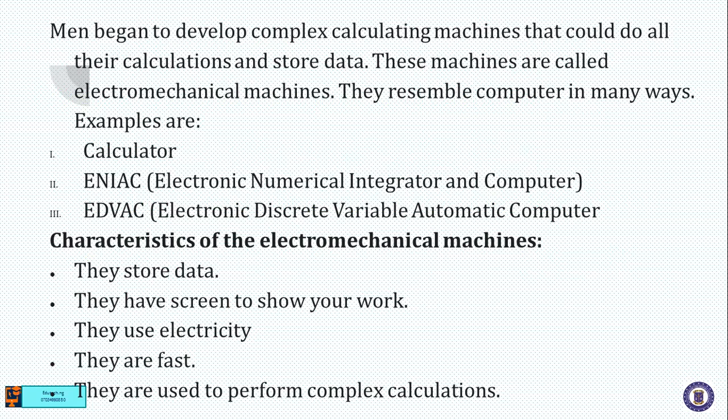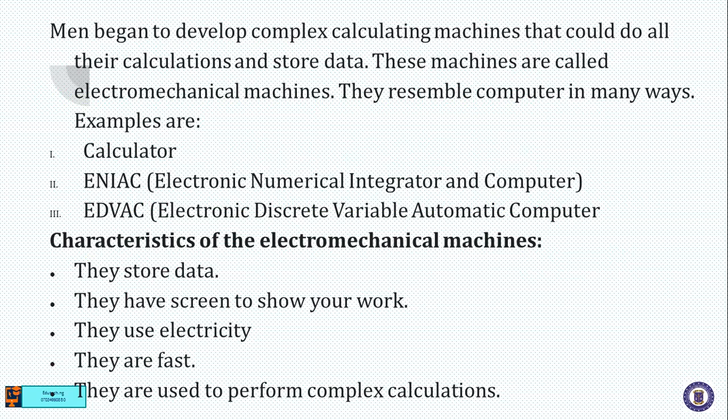These machines resemble the computer. They are called electromechanical because electro means they use electricity, and mechanical means they are also able to use hands to control them. So that is why the name is mixed up with electro and then mechanical.